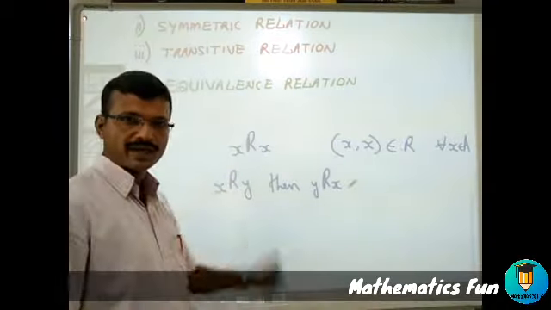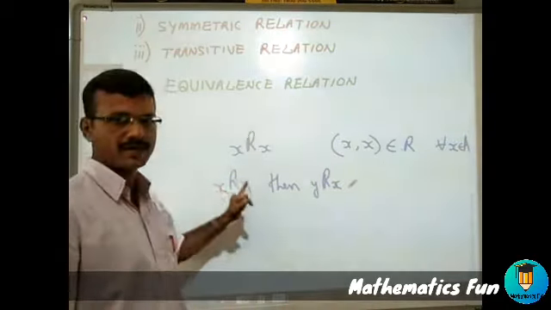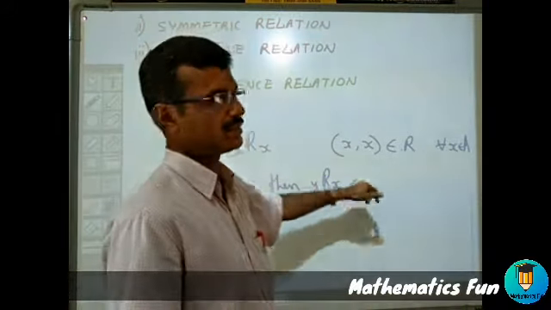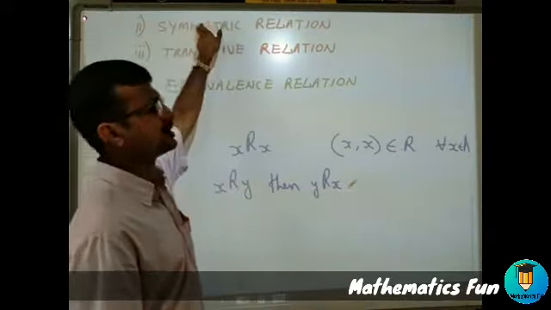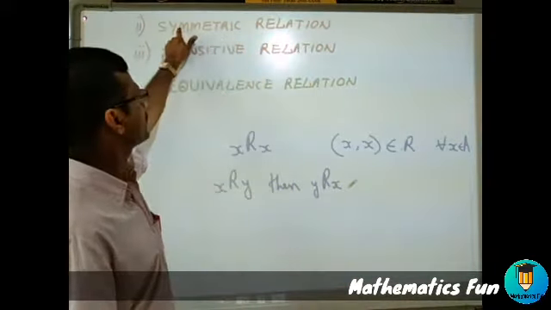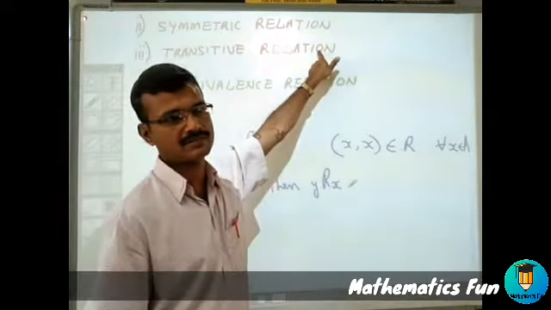Again, for parallel lines, if L1 is parallel to L2, then L2 is parallel to L1. This type of relation is a symmetric relation.